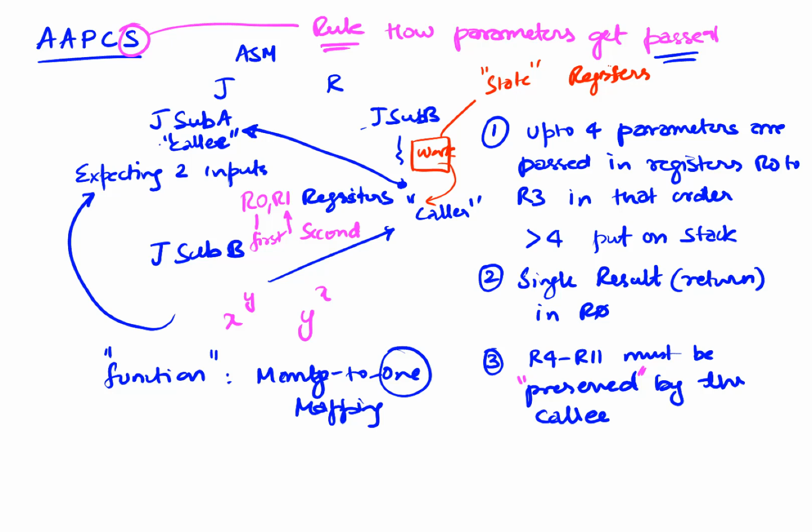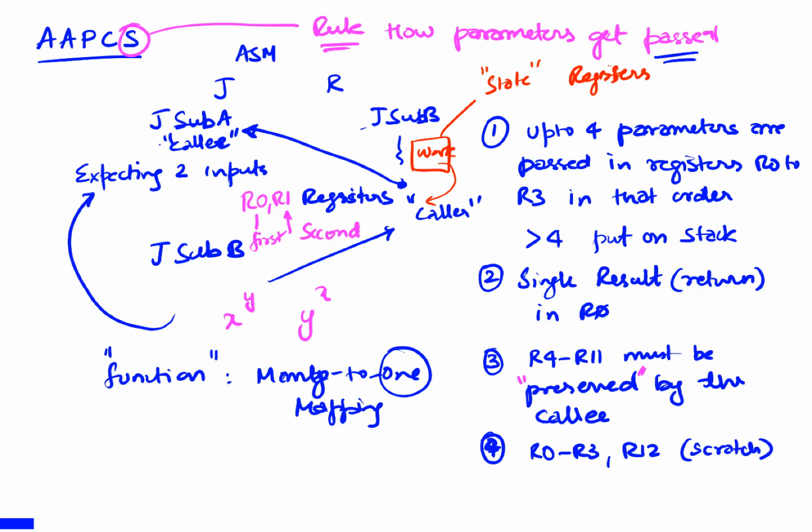Do you think there's another rule? Well, what about the other registers, R0, 1, 2, 3, and 12? So the fourth rule is just like you have obligations, you also have some rights. I like that. One of the rights you have is you can do whatever you want with R0 through R3 and R12. We think of these as scratch registers.